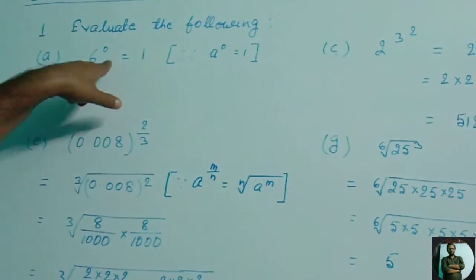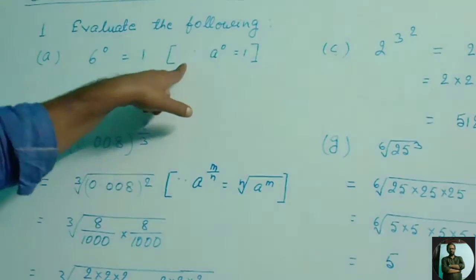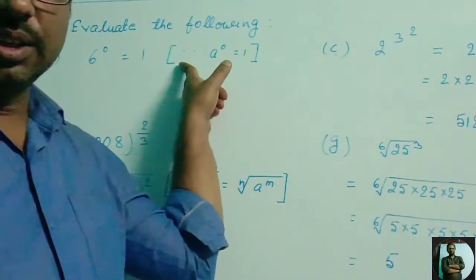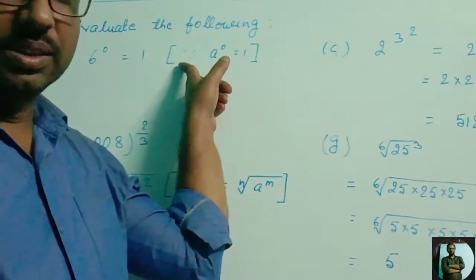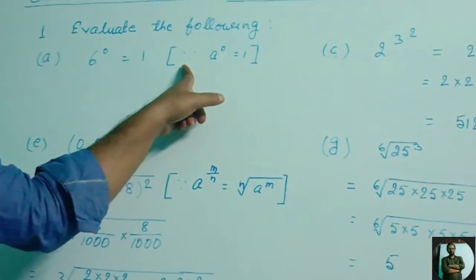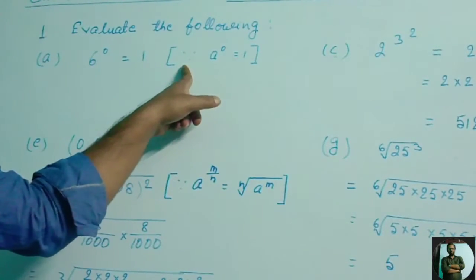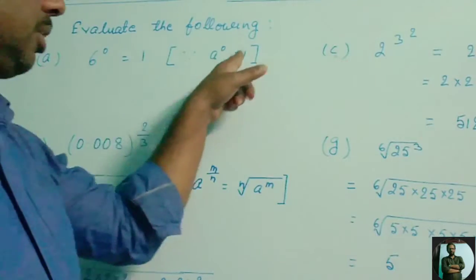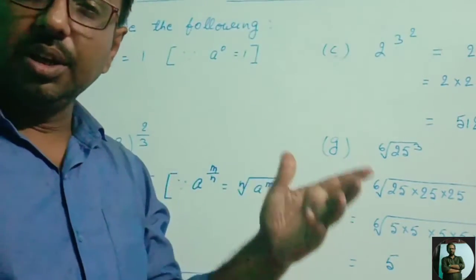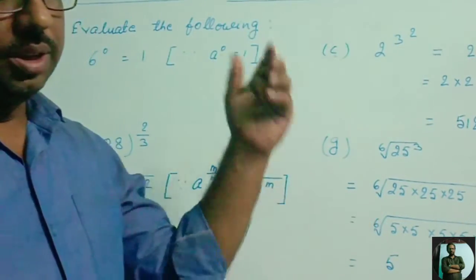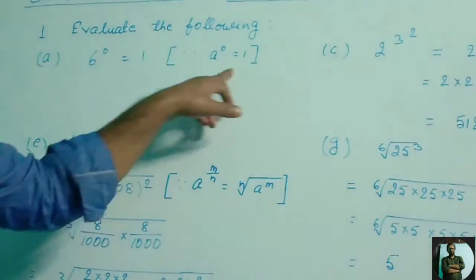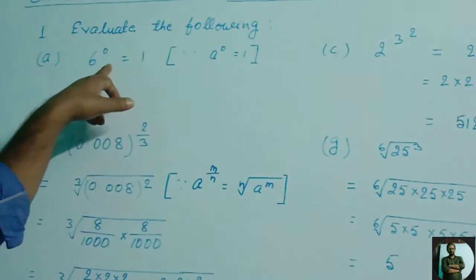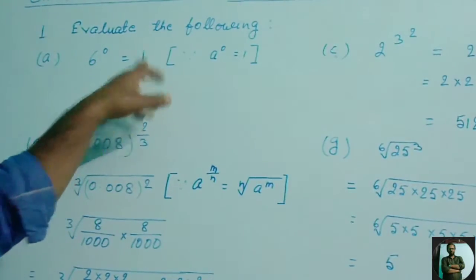So 6 to the power 0 equals 1. Here I have written the reason. If you write the reason beside the result where you are using the property, that is better. I have used the property a to the power 0 equals 1 that we have studied in the laws of indices. I wrote it in the bracket. So the result of 6 to the power 0 is equal to 1.